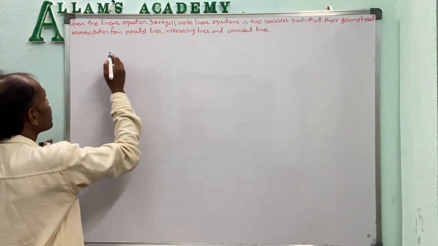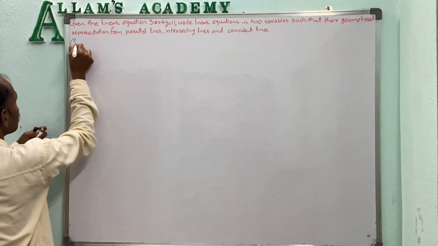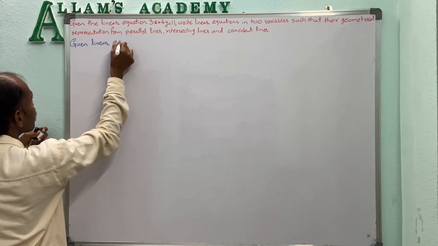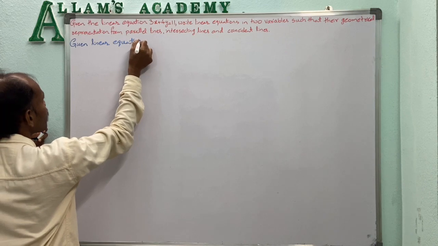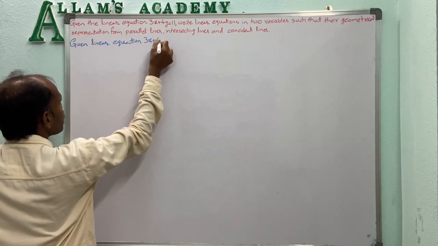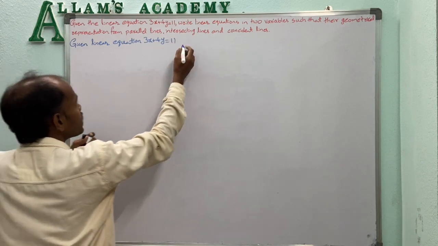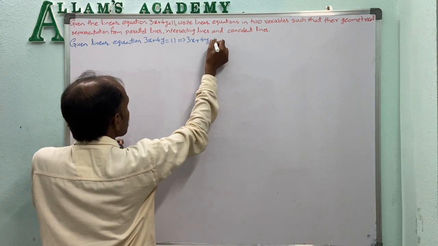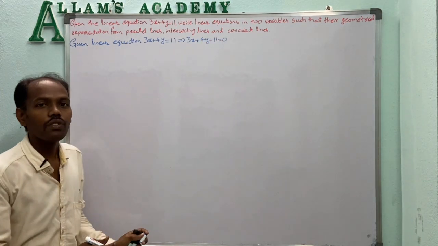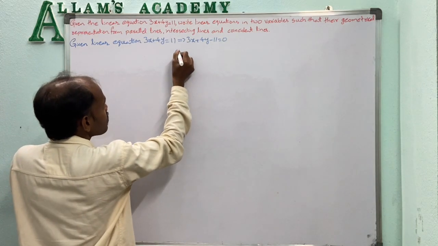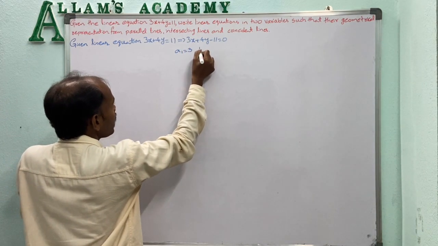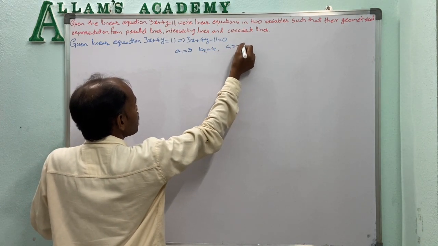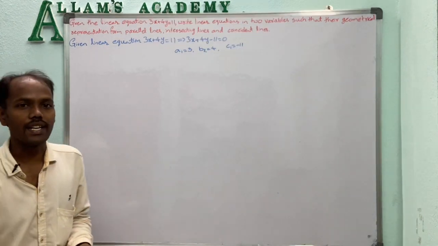The given linear equation is 3x plus 4y equal to 11. In general form, we write 3x plus 4y minus 11 equal to 0. Now taking the x coefficient a1 equal to 3, y coefficient b1 equal to 4 and the constant term c1 equal to minus 11.